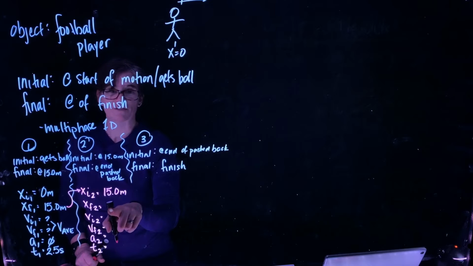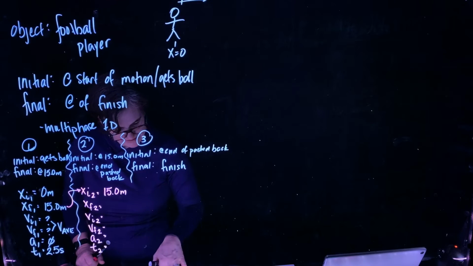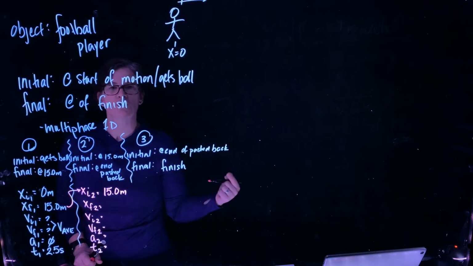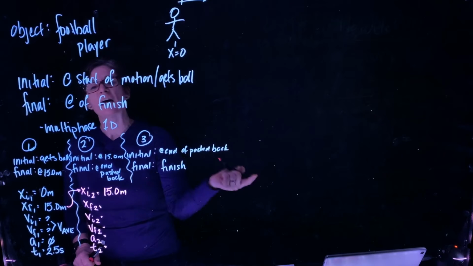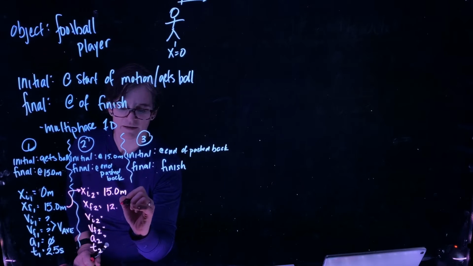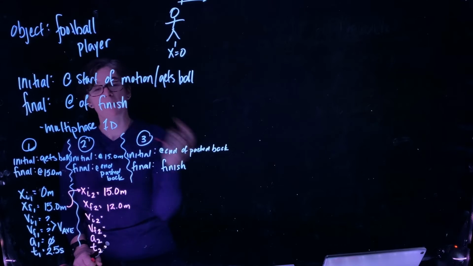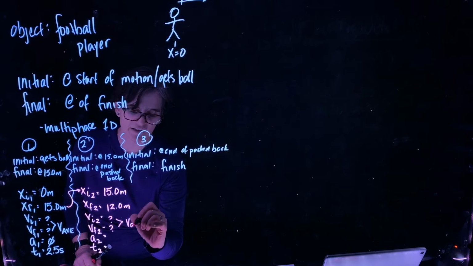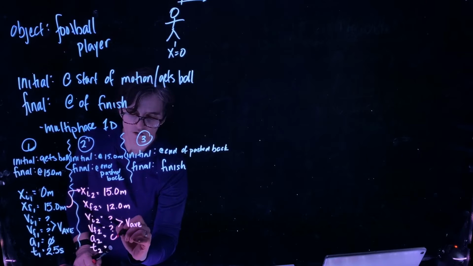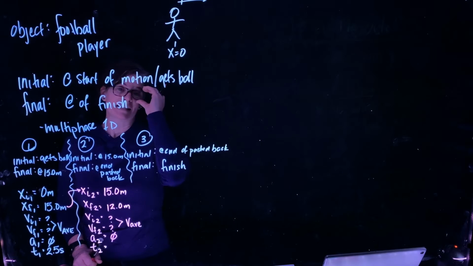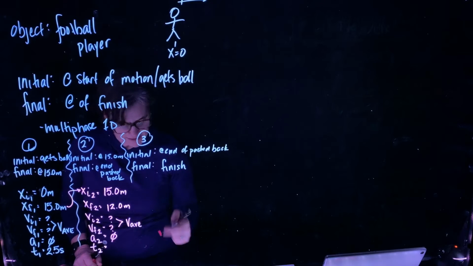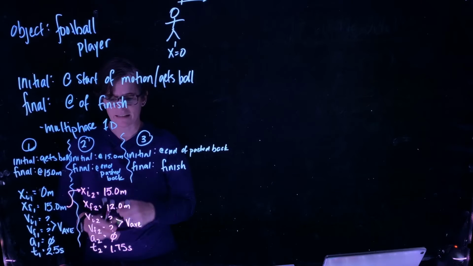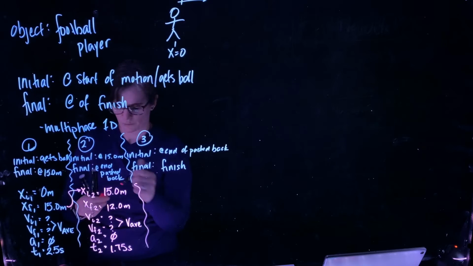For my final position, it says he is hit and pushed 3 meters straight backwards, in the opposite direction, so from 15 minus 3 meters he ends up at 12 meters. We don't know the initial or final velocity in phase 2, but again this problem asks for the average, so we can look at that instead of considering acceleration during that phase. And it says this happens in 1.75 seconds.